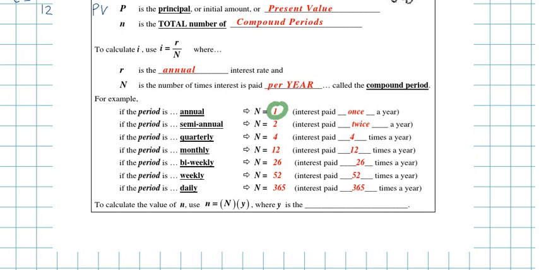So think about it this way. Bi-weekly means every 2 weeks. How many weeks do I have per year? 52. So 52 divided by 2, because I have bi-weekly, gives me 26. That's why bi-weekly is 26.